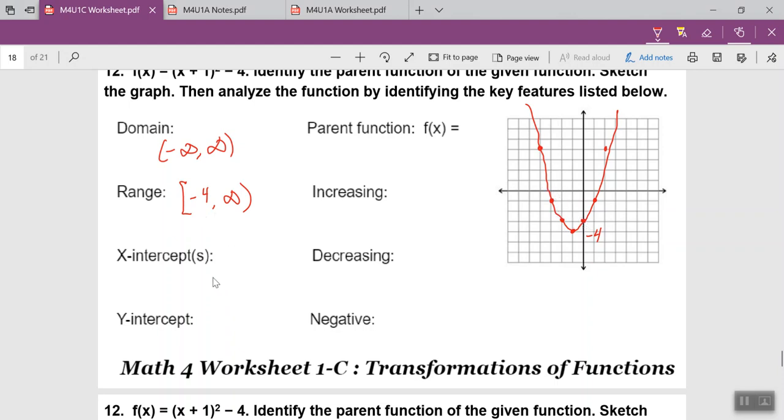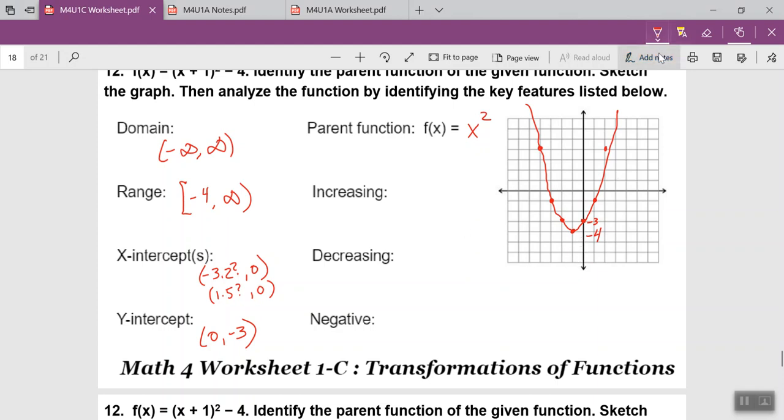You're going to say maybe -3.2 and 0, and you're also going to say 1.5 and 0. I put a question mark because I'm kind of guessing. The y-intercept is going to be a little easier to nail. 0, -3. Parent function, this is a parabola.